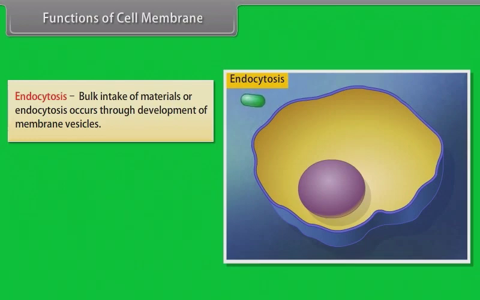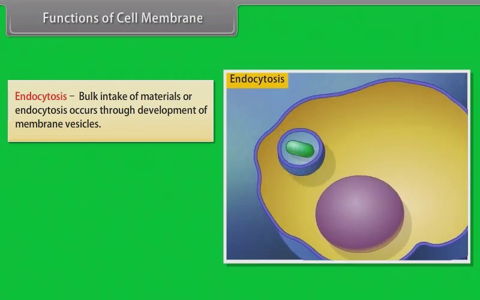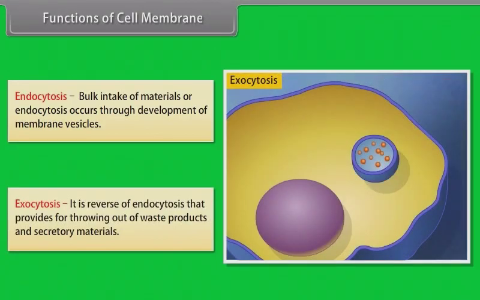Endocytosis. Bulk intake of materials or endocytosis occurs through development of membrane vesicles. Exocytosis. It is the reverse of endocytosis that provides for throwing out of waste products and secretory materials.